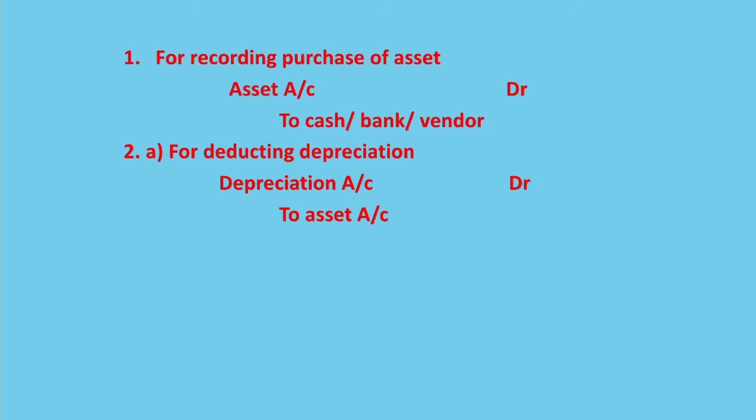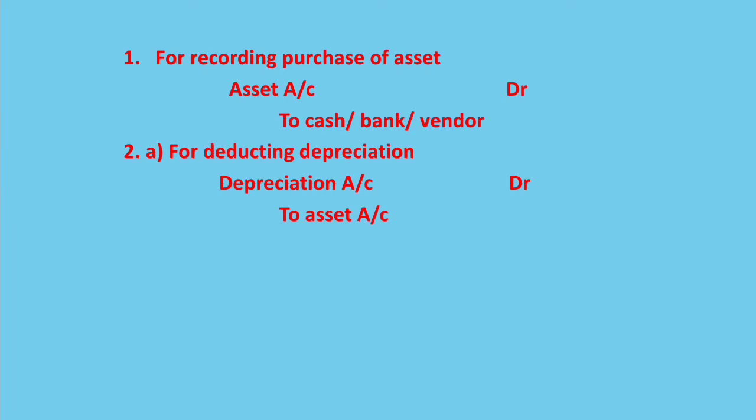Then, at the end of every accounting period, we will close all the temporary accounts by transferring the balance to the trading and profit and loss account. Here, depreciation is also a temporary account. So, we have to close it by transferring the balance to the profit and loss account.